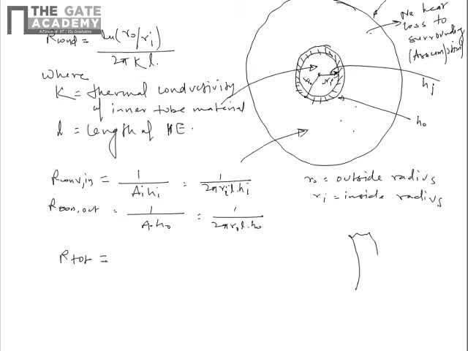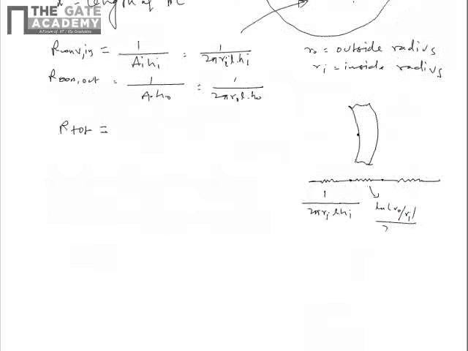This is our surface. At this point we have some convective resistance, then the wall resistance, and again the convective resistance. This is 1 by 2 pi Ri L Hi, this one is ln of R naught upon Ri upon 2 pi K L, and this one is 1 by 2 pi R naught L H naught.